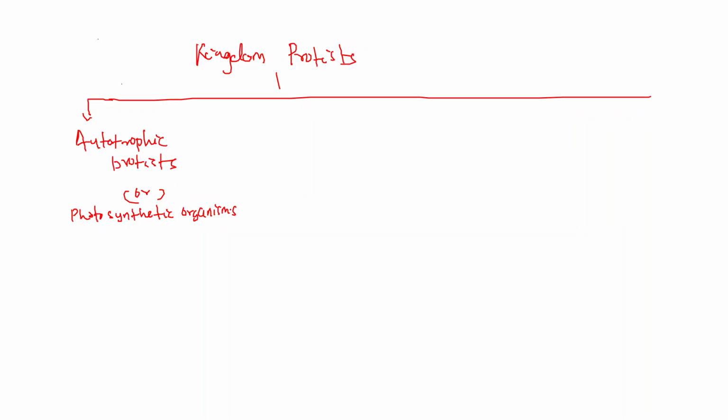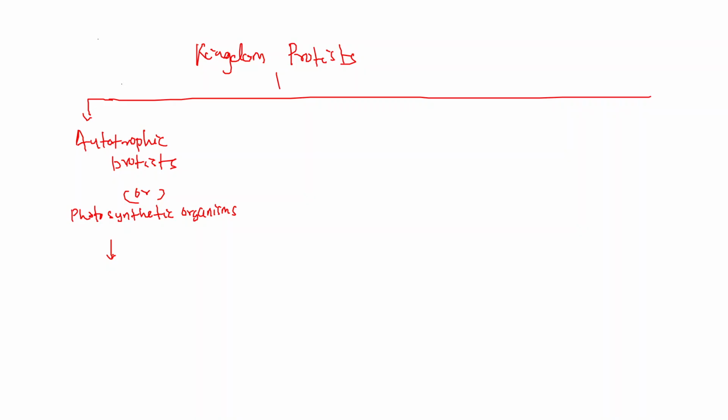So autotrophic protists means they are capable of producing their own food. They show the characters like plants. We know that plants have the power to produce their own food. They use sunlight, carbon dioxide, nutrients from the soil, and water.